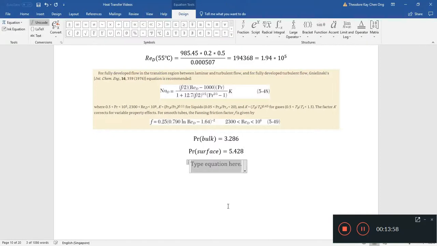And we have the Prandtl, PR bulk over PR surface. PR surface equals 5.428, and PR bulk is 3.286, so 3.286 divided by 5.428.